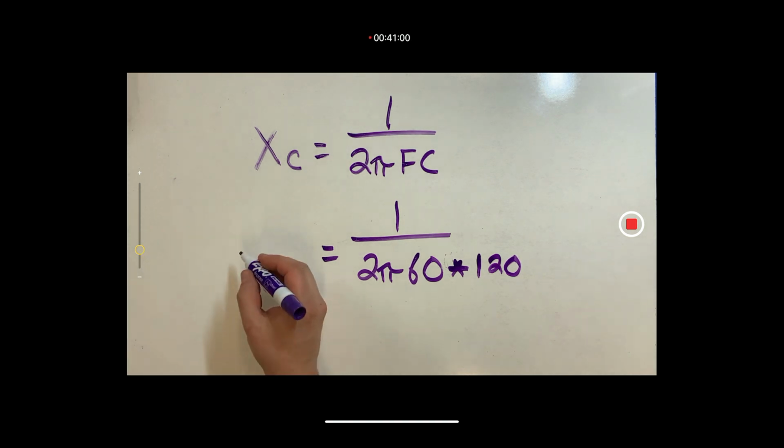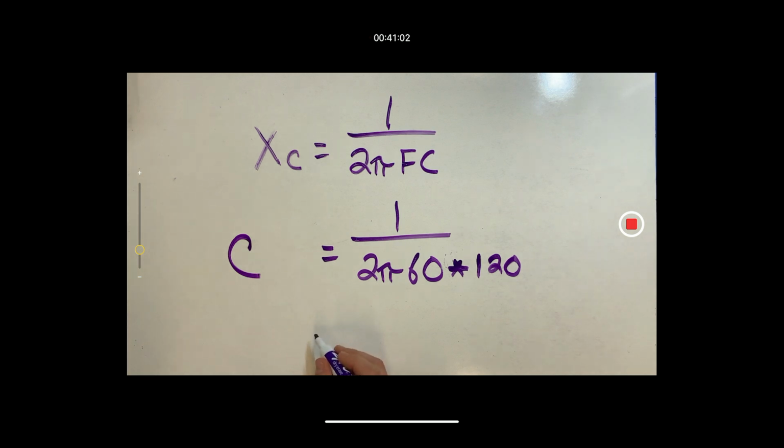So then we get capacitance is equal to 1 over 2 pi 60 times 120. And that is how we'd figure out what our capacitance is in question 14.